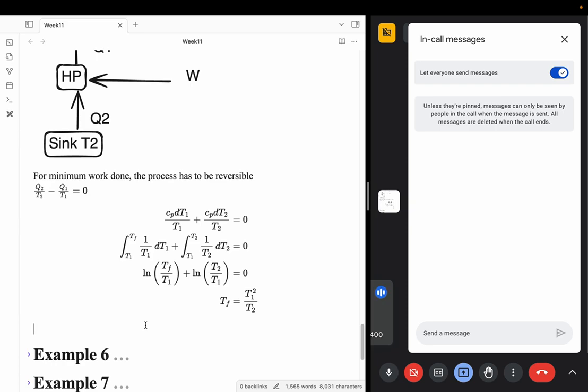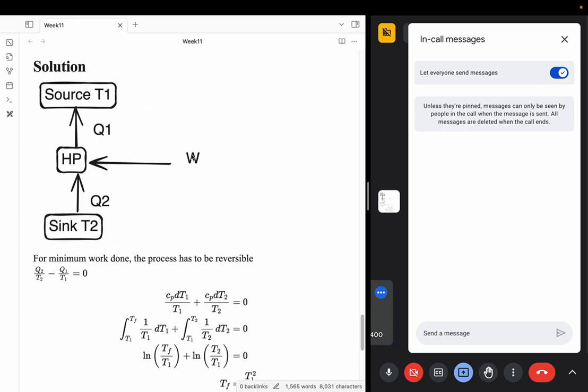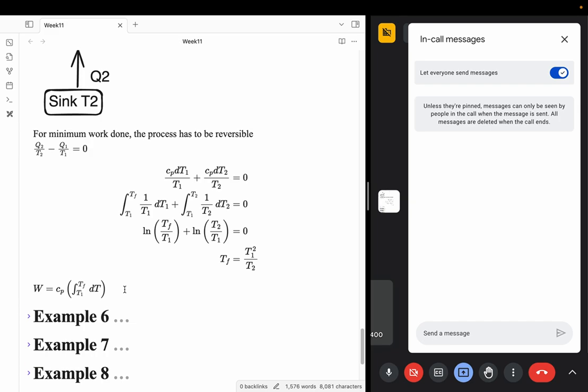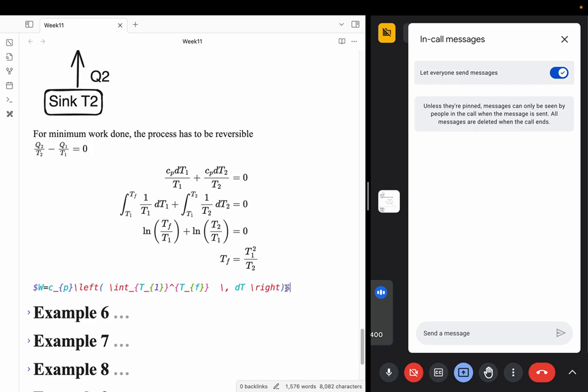Once you have Tf, then you can directly calculate your work done. Work done is basically Q2 plus W should be Q1, so work done will be Q1 minus Q2. So your work done will be Cp times Tf minus T1 for the one, and the second one will also be the same, minus Cp times.